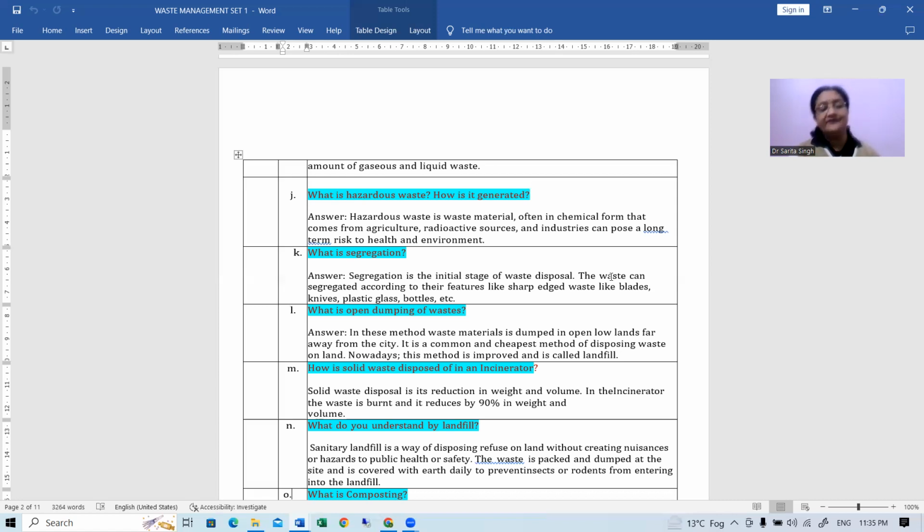Then whenever there is rainfall, the water can seep down along with all this waste, and it can cause harm to the underground water source, right? Moreover, it spoils the landscape. So ultimately, many such negative impacts are there.